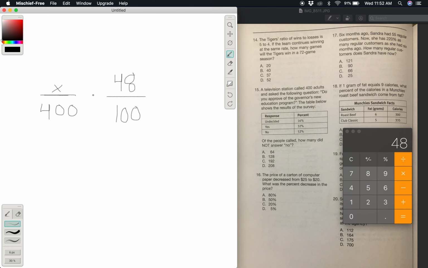The ratios may be a little different, like you saw in the first question there. But it'll still be the same, like this: rates, base, and part.